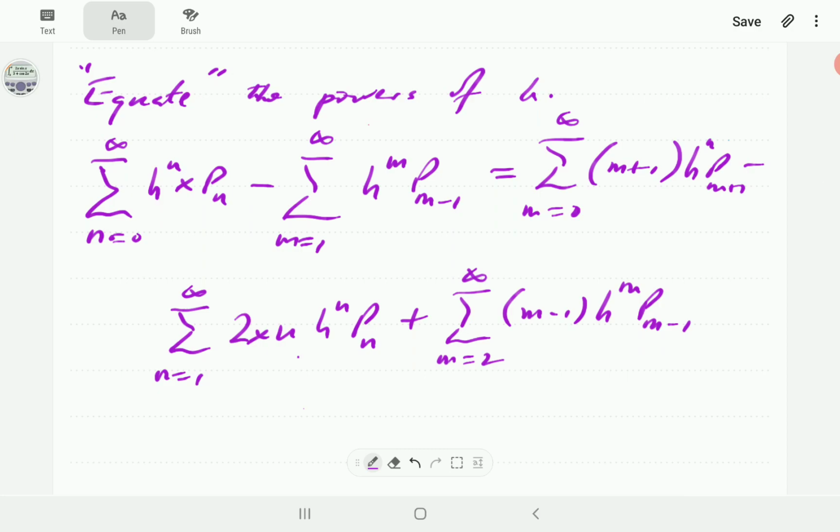The powers are now the same. Now remember, we could as well just replace this by n now, because n or m, these are dummy variables. Okay, so after this, we're going to equate the lower summation limits.